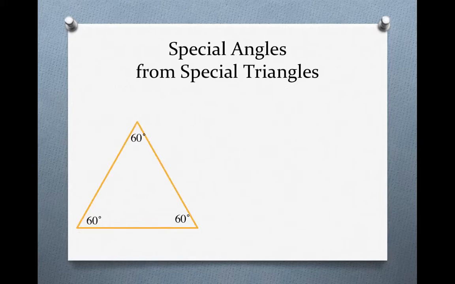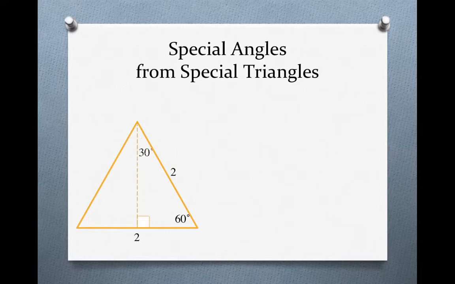We also have the 30, 60, 90 degree triangle, and if you remember, that comes from taking an equilateral triangle and cutting it in half. So if we take an equilateral triangle where all of our angles are 60, I've decided to make all of our sides 2, just to make this work a little easier. And then I cut that in half.